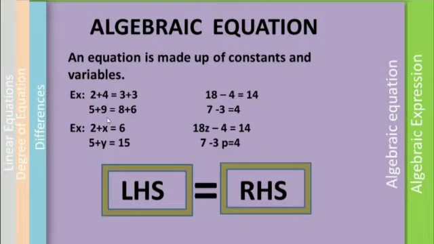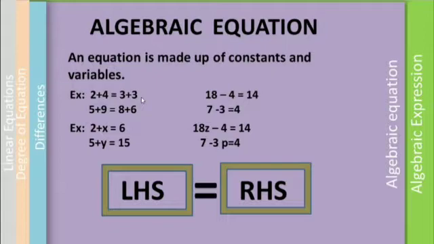Hi friends, let us now learn what an equation is. An equation is nothing but a representation of two expressions that are equal. Now look at the example, 2 plus 4 equals 3 plus 3. Here the sum on both sides of the equal to sign is 6. Hence, 6 can be written as 2 plus 4 or 3 plus 3.